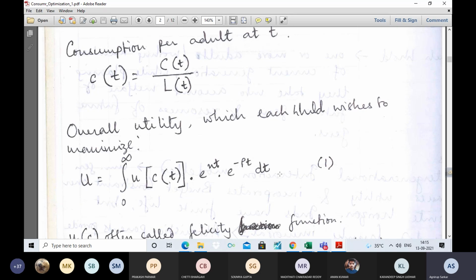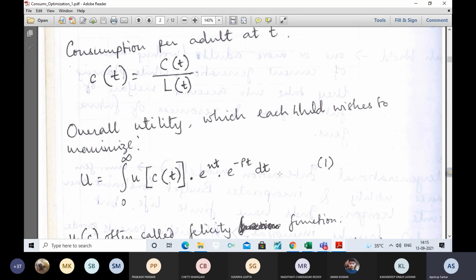So if we are to have a fuller specification, we would also distinguish the rate at which individuals discount their own flow of utility at different points in time. If we do that, then basically rho equal to 0 might also apply. And the bottom line is that if we are to look at a more complete specification, we would like to distinguish the rate at which individuals discount their own flow of utility at different points in time from the rate that applies across generations.